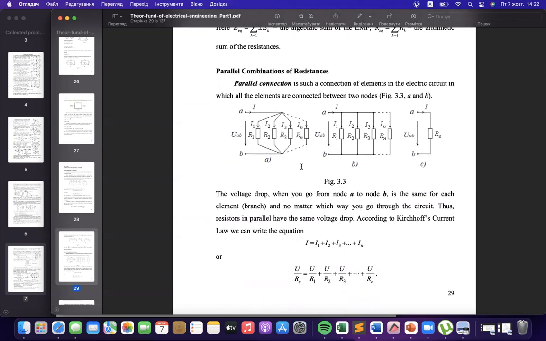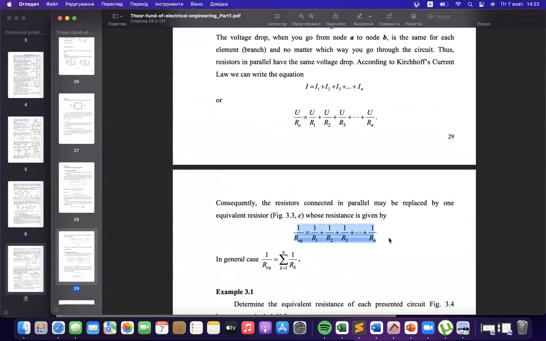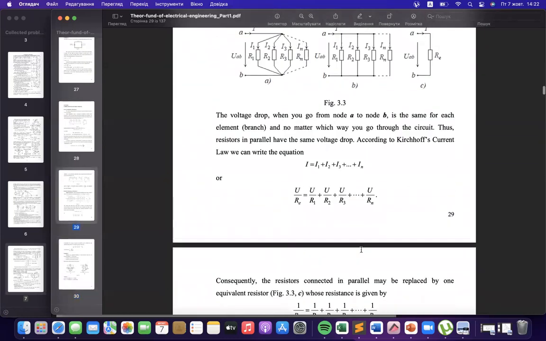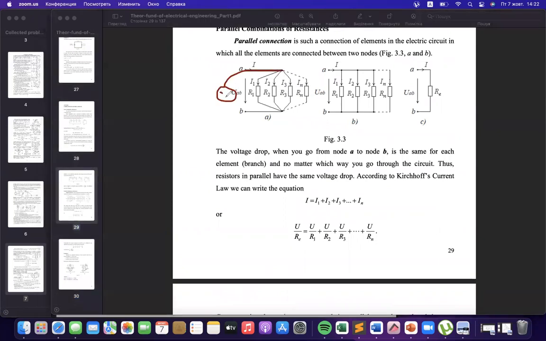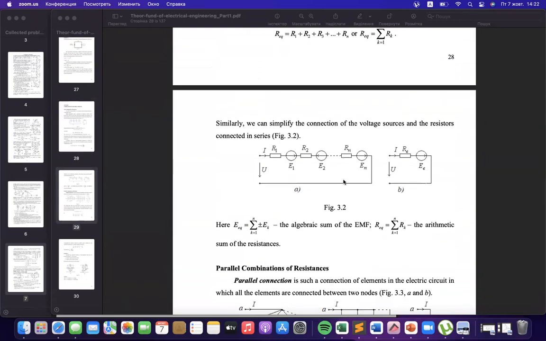For parallel connection, we could add conductivities, the opposite value to resistivity, and we could add current sources if they are present. If we have current sources, which we point out like current J, in parallel, we also could add them, the same as we did for voltage sources in series.